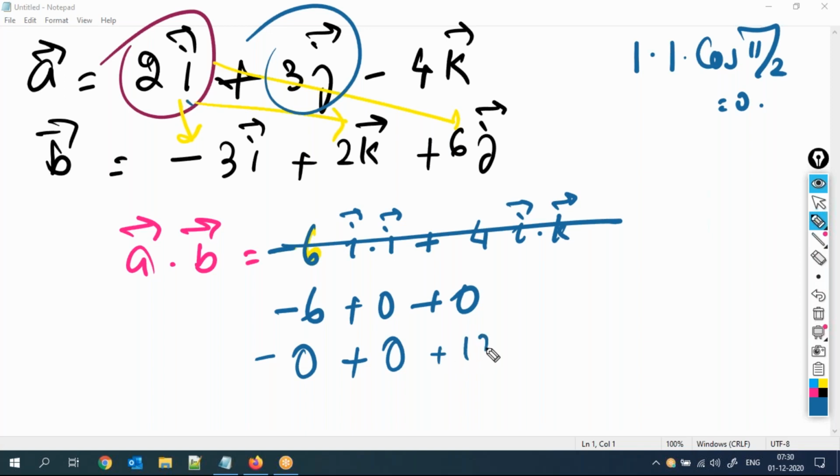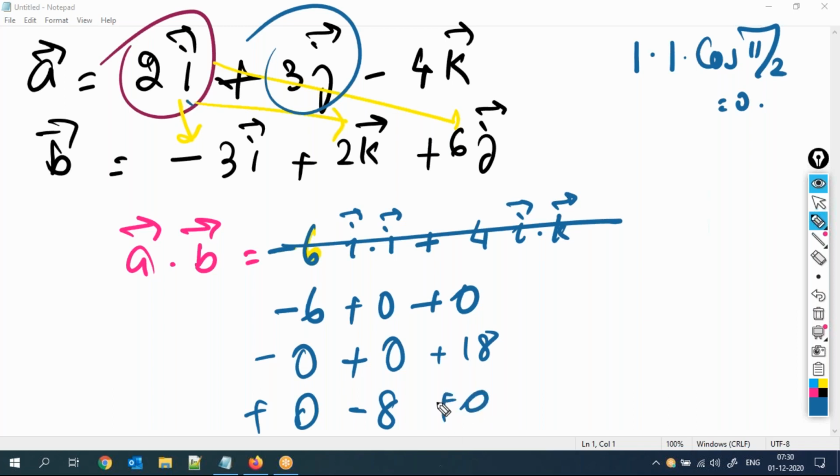So that's 18. Then first one minus, 0, 8 plus 0.